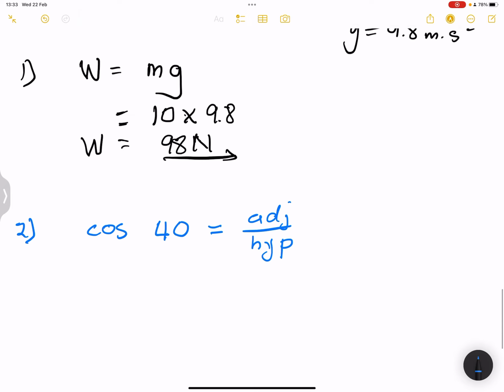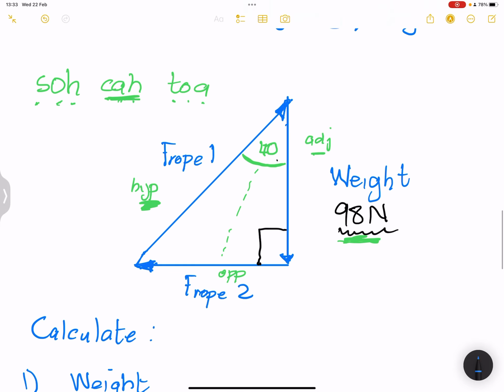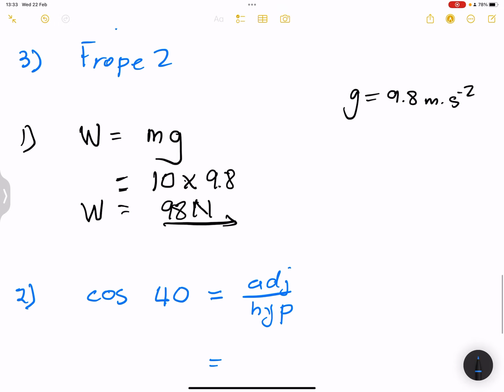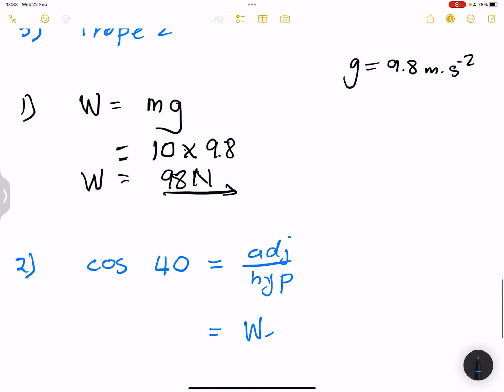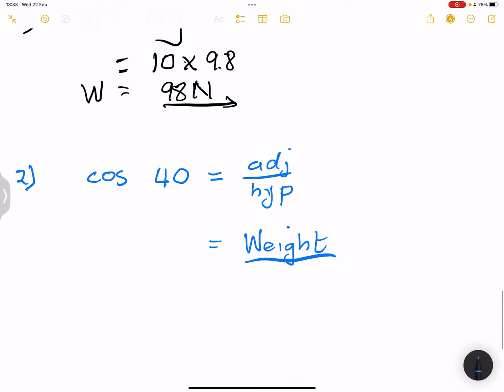So I'm using what I have in this case. My adjacent side, remember I said that's the weight, divided by my hypotenuse, which is the force on rope 1, or you can say FR1.